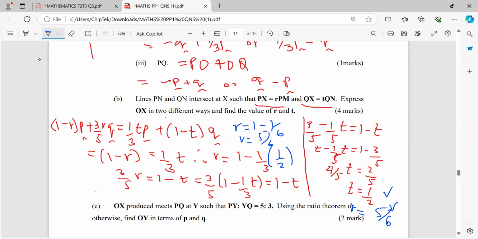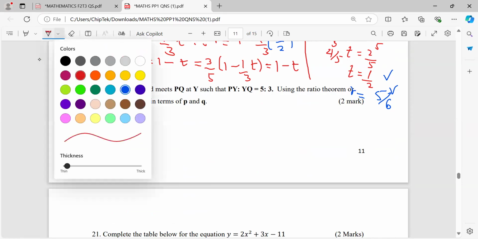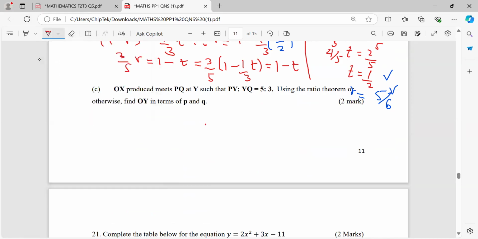So twende hapa. So we have this question. Naambiwa for x produced meets PQ at Y, that PY to YQ equal to 5:3. Using the ratio theorem, or otherwise find OY in terms of P and Q. So remember tafuta OY.